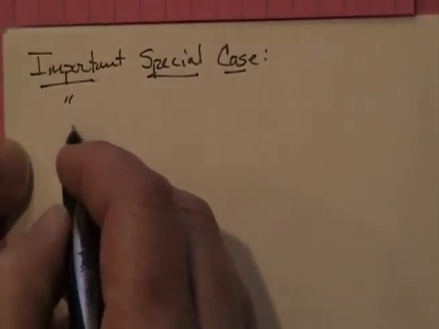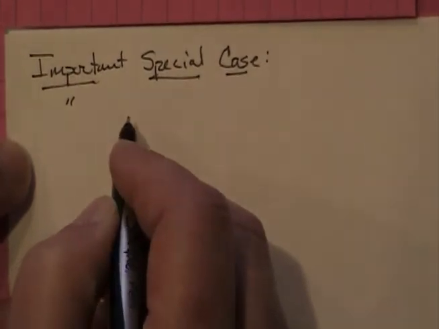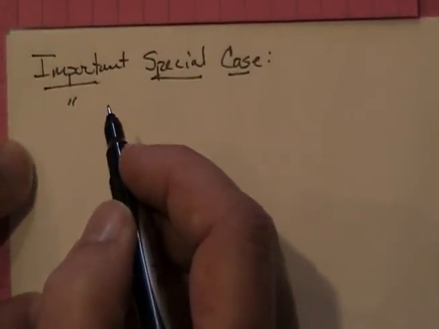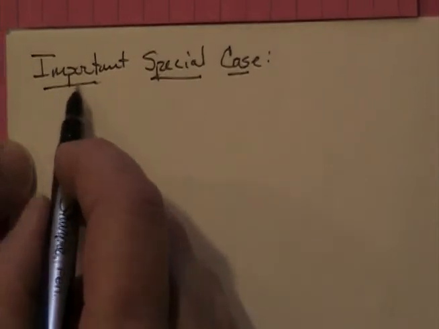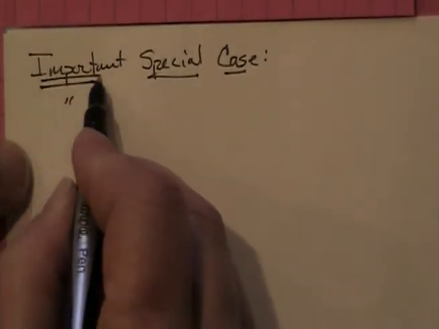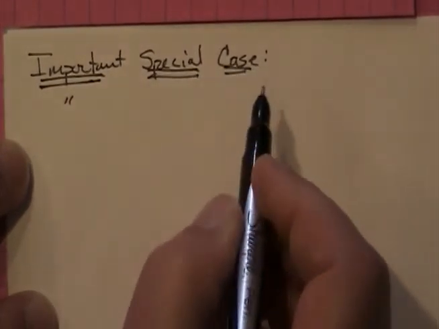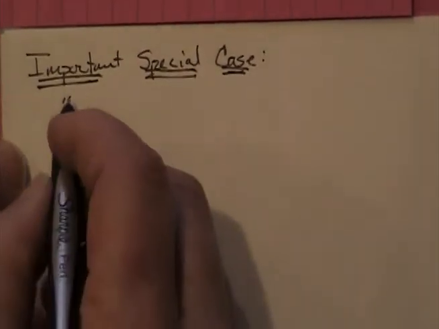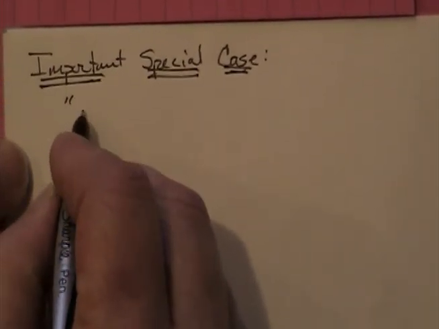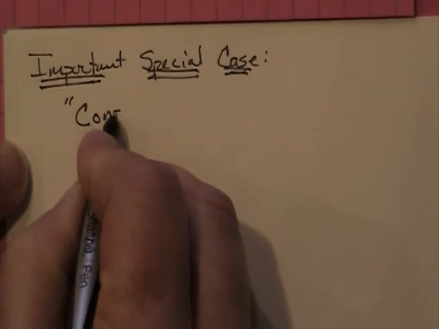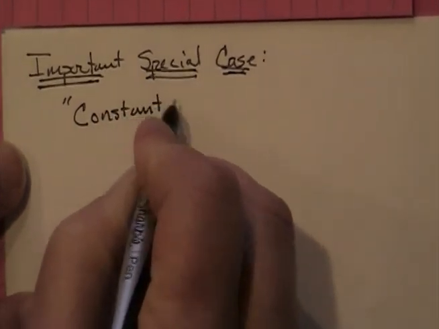So it's nice to be able to predict what the output signal is and how it lines up with your input signal, okay? And so this important special case for the FIR filters is something that we'll be able to do really well in the discrete processing world. And what we're going to look for is filters that have constant delay.